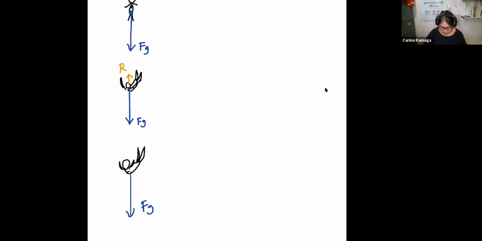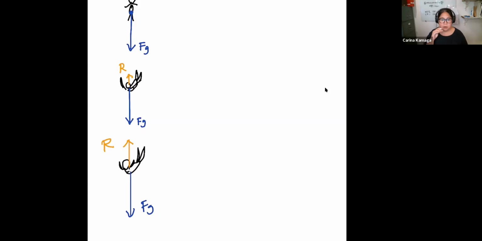That means you're going faster. Acceleration is not as much as g. Acceleration is less than g, but still it's pointing downward, right? That means you'll have an increase in speed, not as much as g, but you're still accelerating downward.